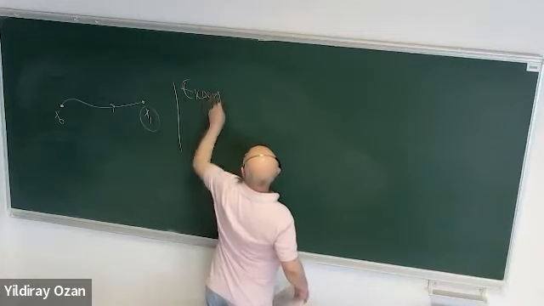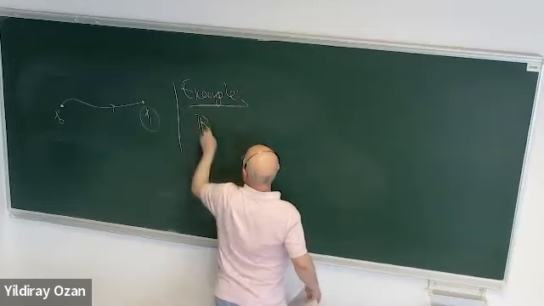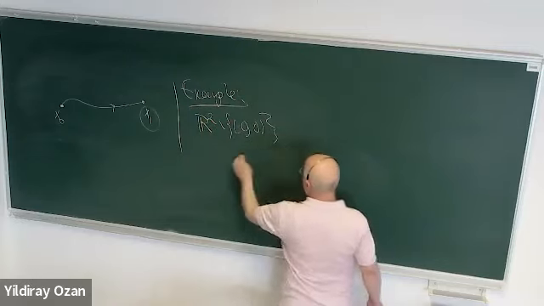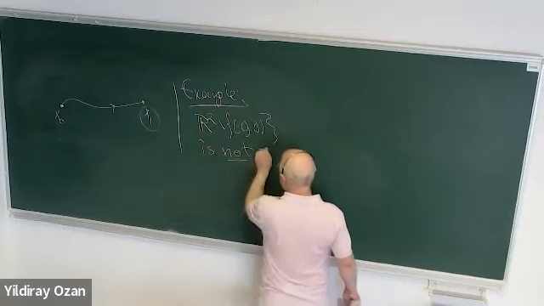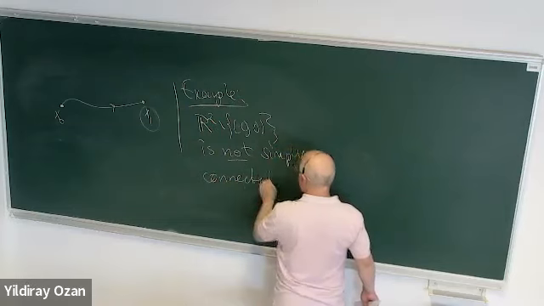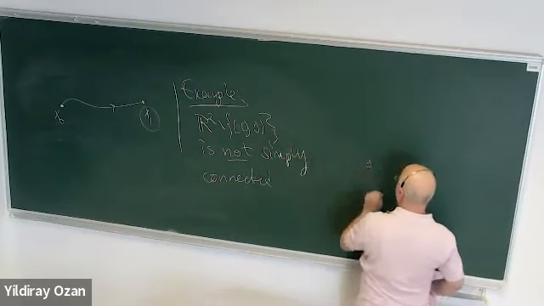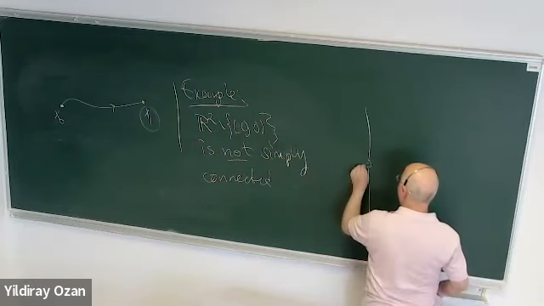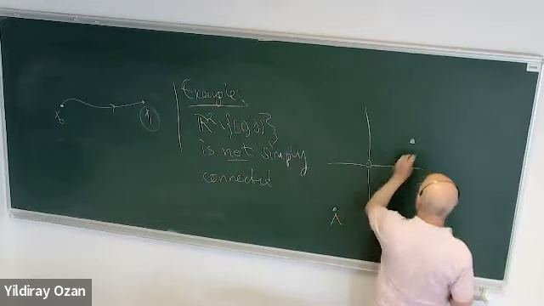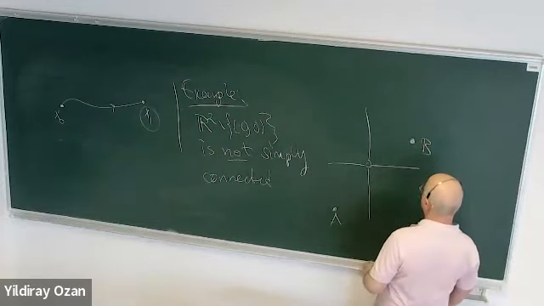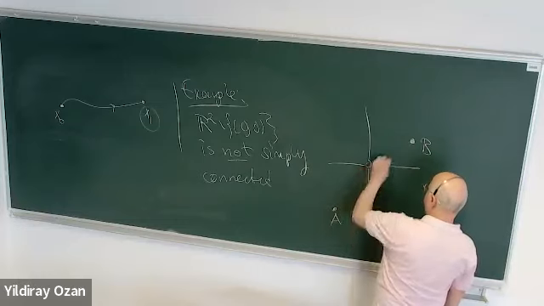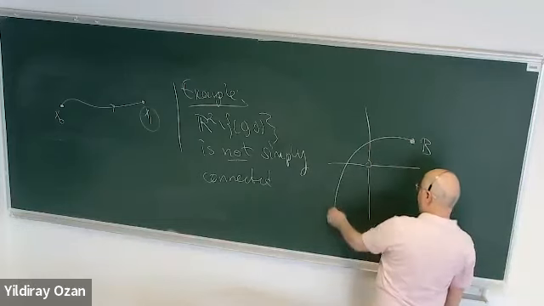Example. R2 minus the origin is not simply connected. So if you delete the origin from the plane, this is not simply connected because, as we talked, I guess last time, from this point to this point, there are several paths and they are not homotopic, right?